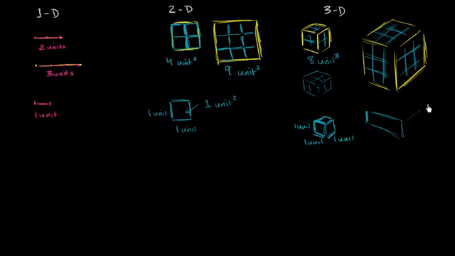My best attempt at drawing it. 3 sections that would look something like what I'm about to draw. So it would look like this. So if you took 3 of these and stacked them on top of each other, you would get this right over here. And each of these have 1, 2, 3, 4, 5, 6, 7, 8, 9 cubes in it. 9 times 3. You're going to have 27 cubic units in this one right over here.